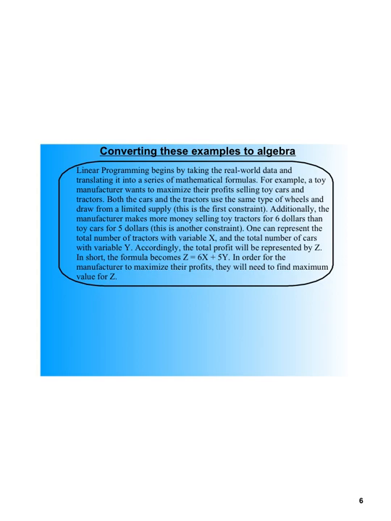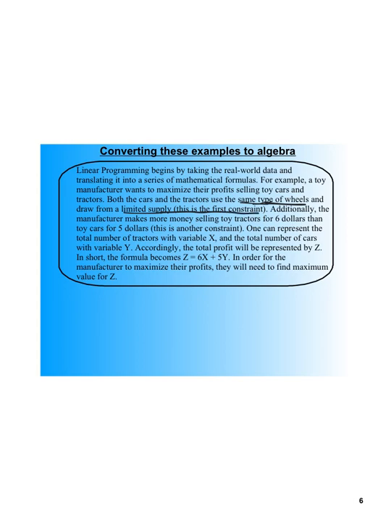This is a pretty wordy look at it, but here you have an idea of a toy manufacturer. This toy manufacturer wants to maximize their profits. They have a limited supply of wheels.